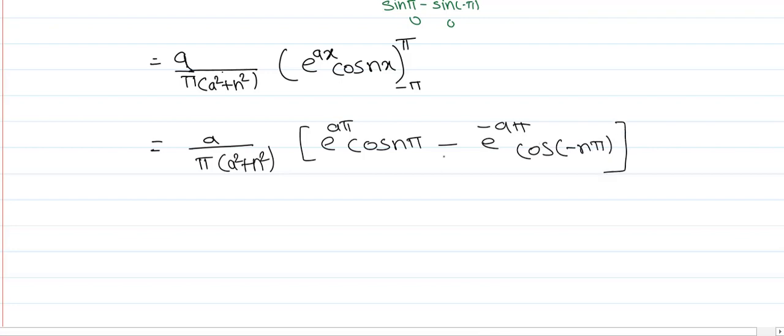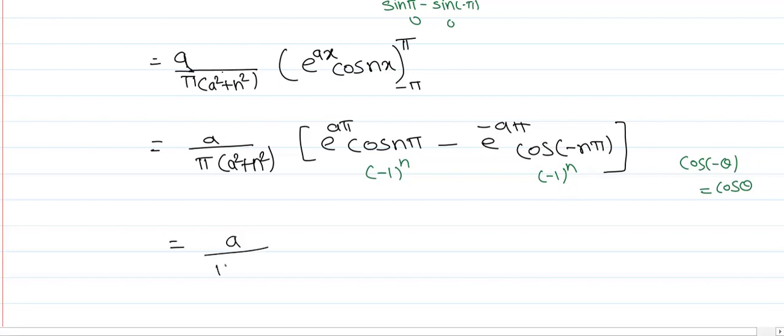We know that the value of cos n pi is minus 1 raised to n. Here also we get minus 1 raised to n, since cos of minus theta is cos theta. Therefore the value of this cos n pi is also minus 1 raised to n.